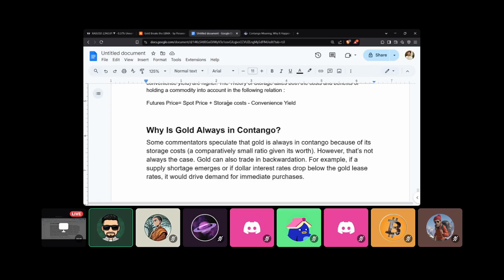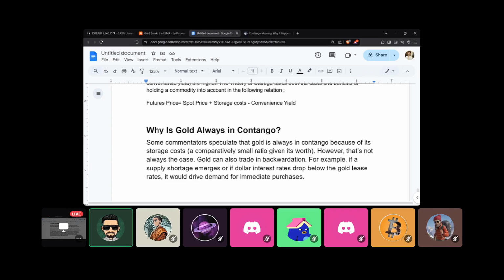But when you consider other assets, contango makes sense for gold. And even if we consider the time value of money, we have to discount the future value to the present. So contango makes sense anytime, but currently what's happening, we'll see in the video.